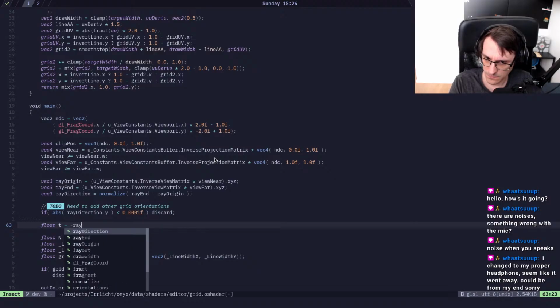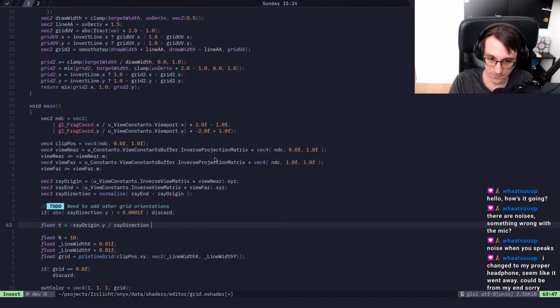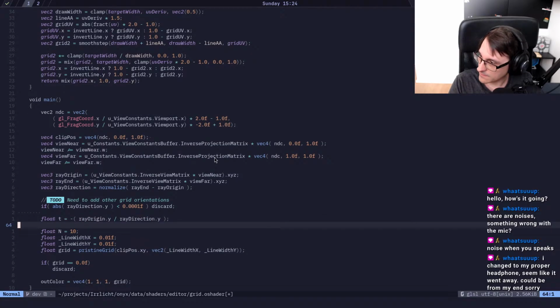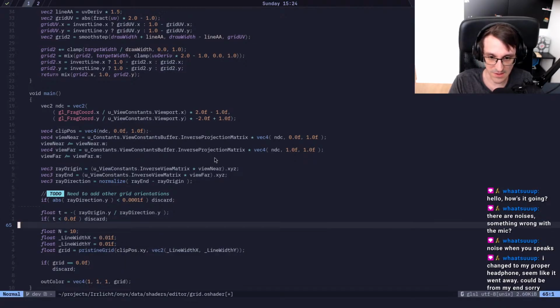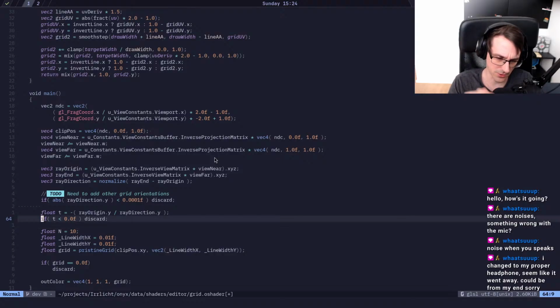And if our t here is also below 0, then we discard as well. That is basically just ray casting against this plane on the y-axis.